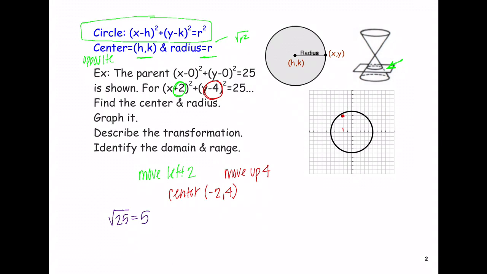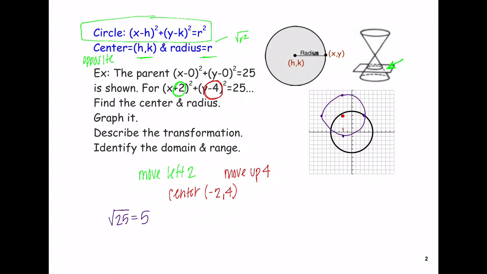So we want to count 5 units in each direction, up, down, left and right, from our center in order to graph our new circle. So then you want to connect your points as nicely as possible, and you just graphed your new circle.